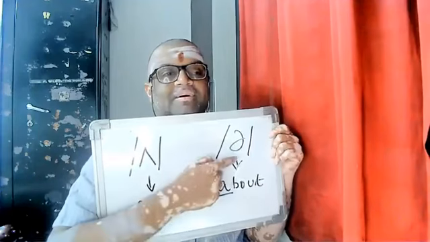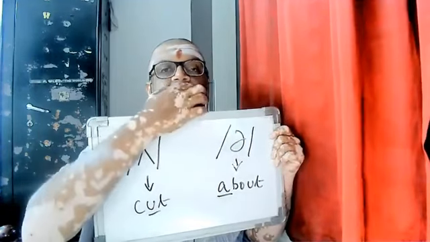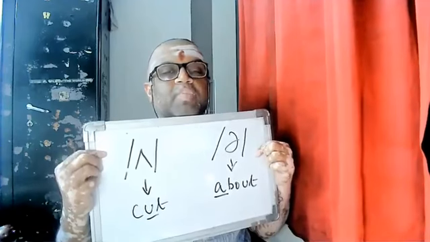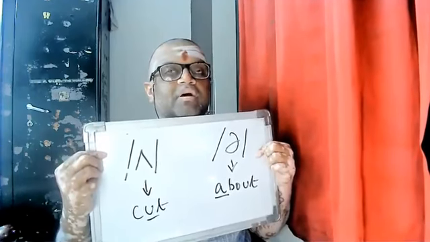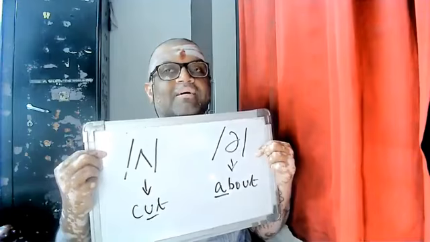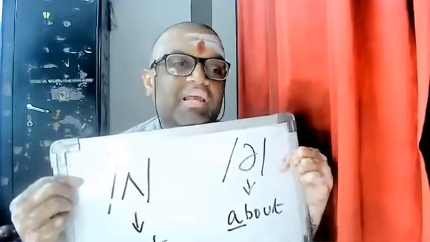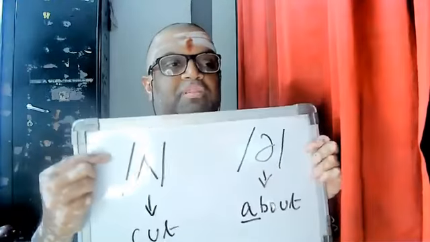Cut, potato. If you see for this sound, about, potato, I keep the mouth as neutral as possible. It's neither smiling nor rounded. But for this it's a bit rounded.